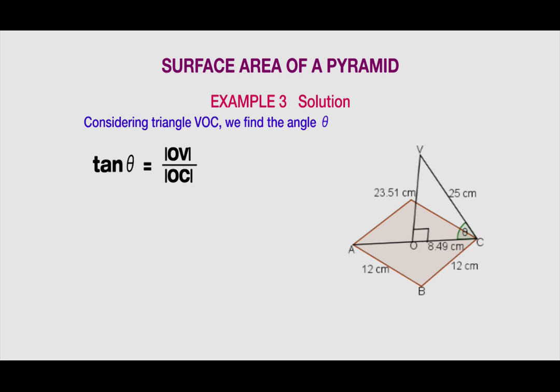And that will give us theta equals tan inverse of 23.51 divided by 8.49. And using the calculator, you get our theta to be equal to 70.14 degrees.